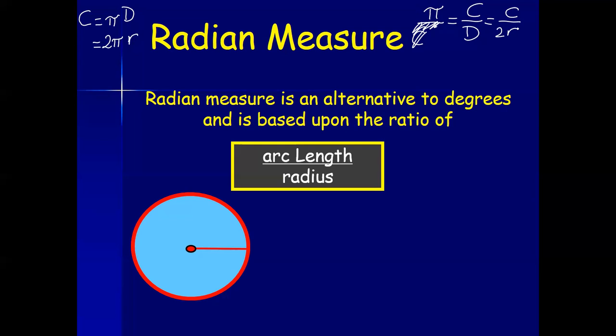And if I've got a radius here and the arc length, so we said arc length C divided by the radius, C divided by R equal 2 pi. Yeah? Because I just times by 2 both sides.